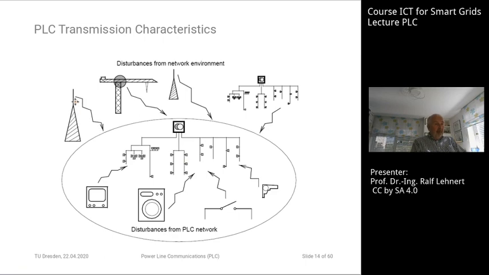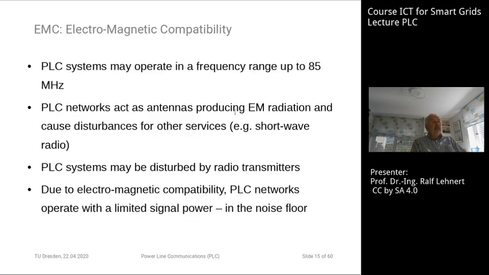Also, there are radio transmitters, and if a radio transmitter transmits in an area where we use our modulation frequencies on the power line, then this can disturb as well. The crane here is a high power consumer, again another consumer, and other PLC networks can disturb the behavior of a neighbor PLC network. So for PLC, the so-called electromagnetic compatibility is of prime importance.